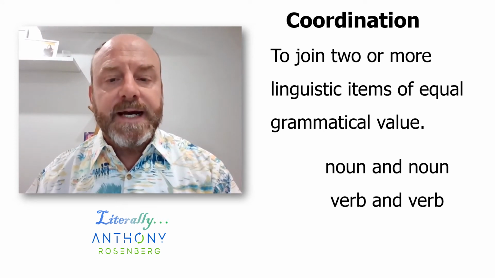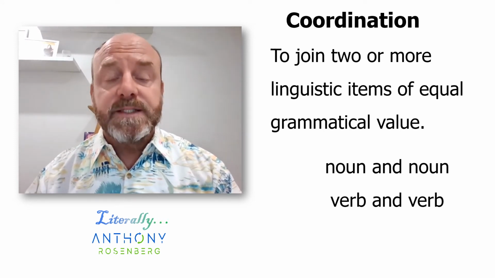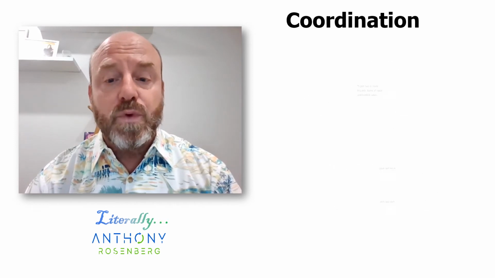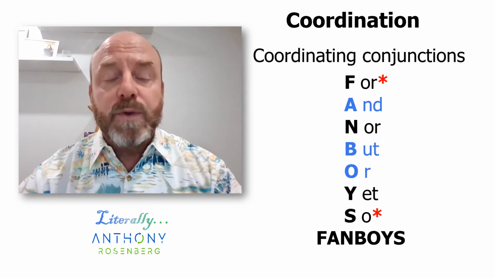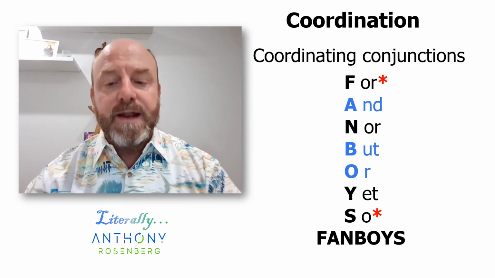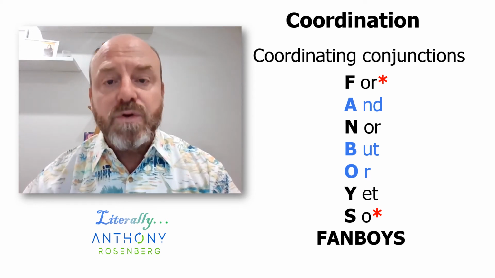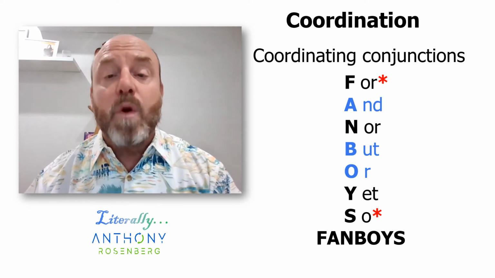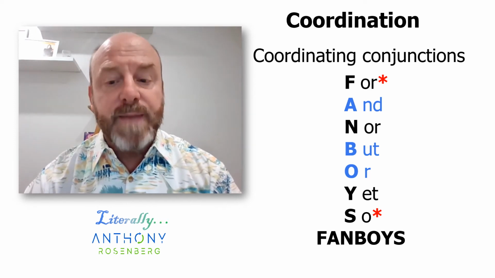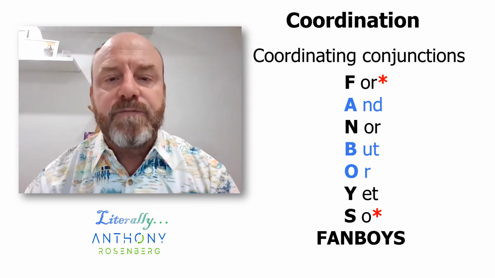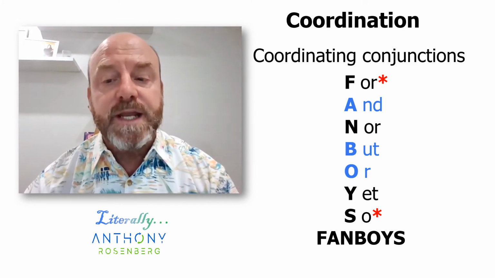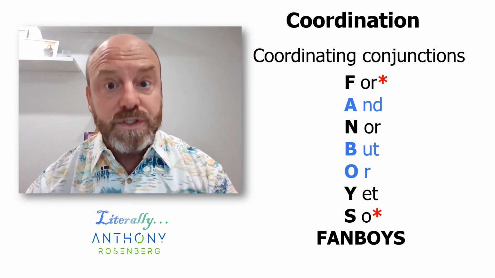All right, the way we join things is usually done in English through coordinating conjunctions. So these are our favorites, our common ones. We call them fanboys. So for, and, nor, but, or, yet, and so. The ones in blue are the more popular. We use these ones all the time: and, but, and or. For has several meanings, but for it to be a coordinating conjunction, it needs to mean because.